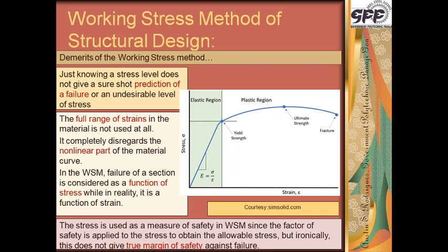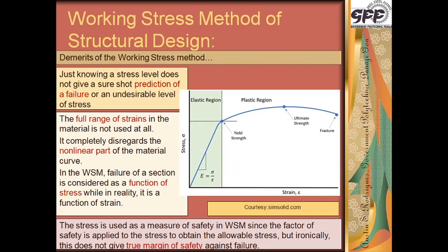That is disregarded. In the working stress method, failure of a section is considered as a function of stress. In reality, it is a function of strain. When a section fails, it fails because of strain, not because of stress. But the working stress method does not look at strain at all. All the calculations are based on stress.